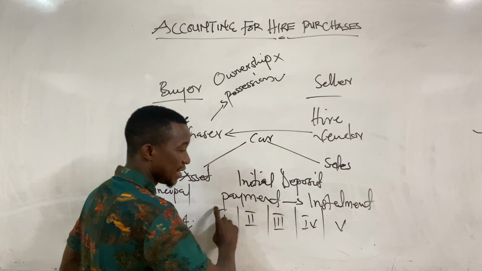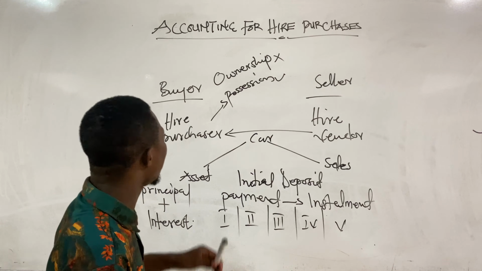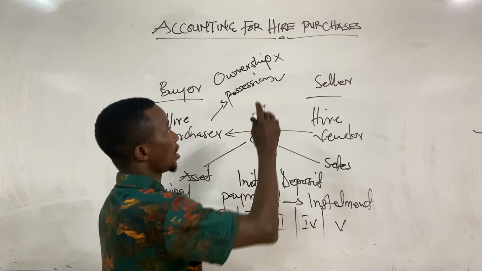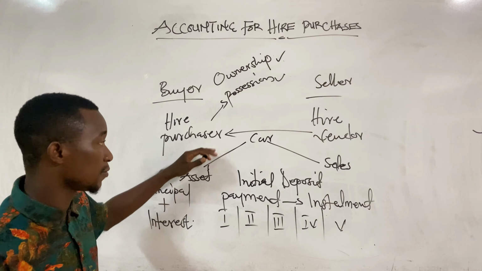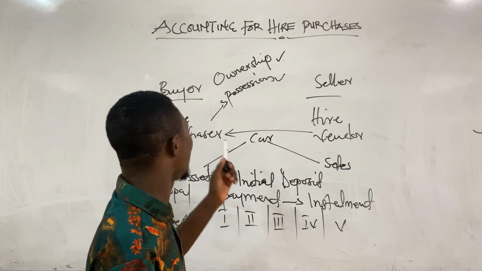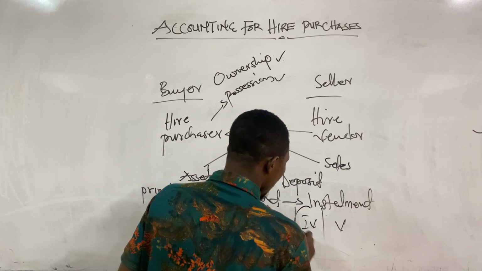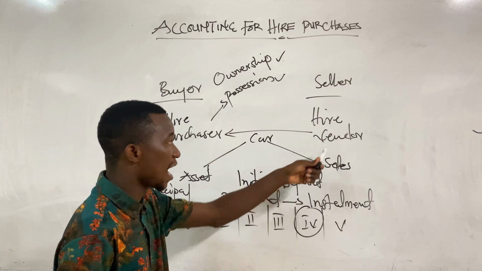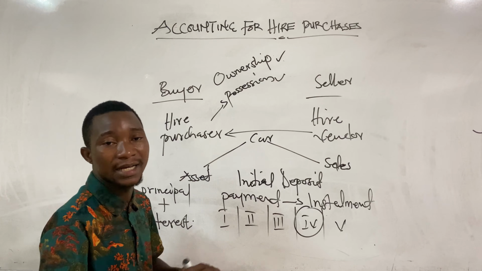After all the installment payments have been made, the hire purchaser will get ownership of the asset. But in a situation where the hire purchaser fails to pay any of the installments, let's say the fourth installment, the hire vendor will take possession of the asset, or the hire vendor will seize the item.